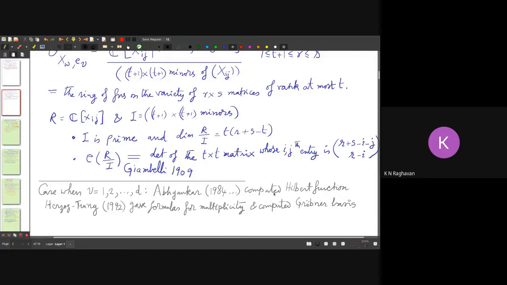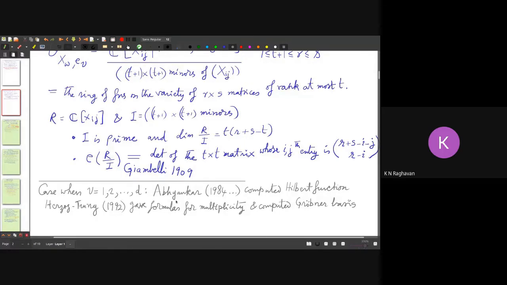And Herzog-Trung in 1992 gave formulas for multiplicity. Abhyankar also did, but Herzog-Trung gave other formulas for multiplicity and computed Gröbner bases. So in particular, they recovered this result of Giambelli, and in fact, they say in their paper that they were motivated by the fact that there is no algebraic proof of the Giambelli formula.